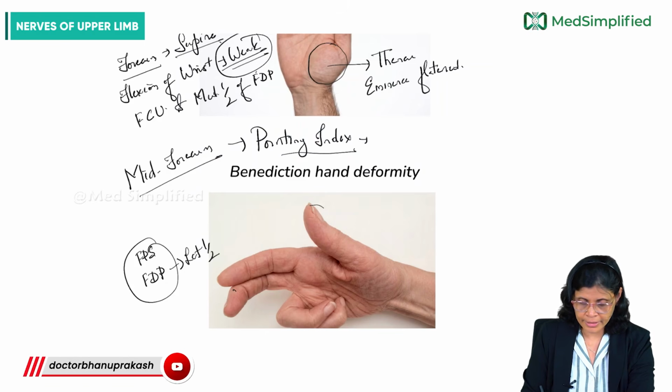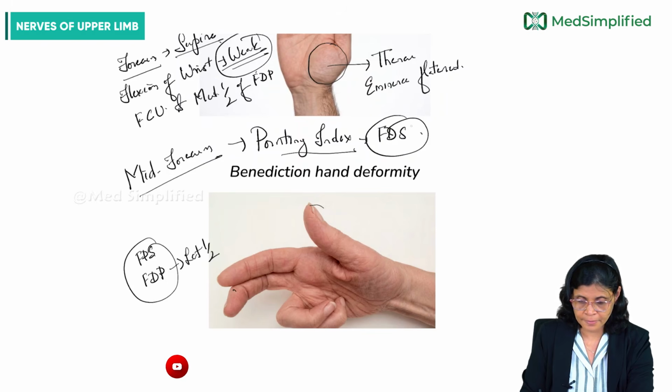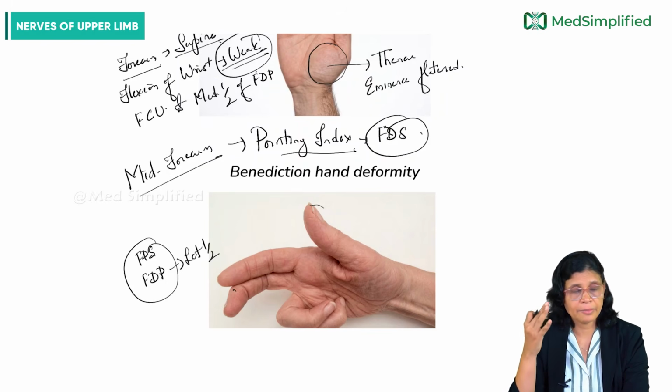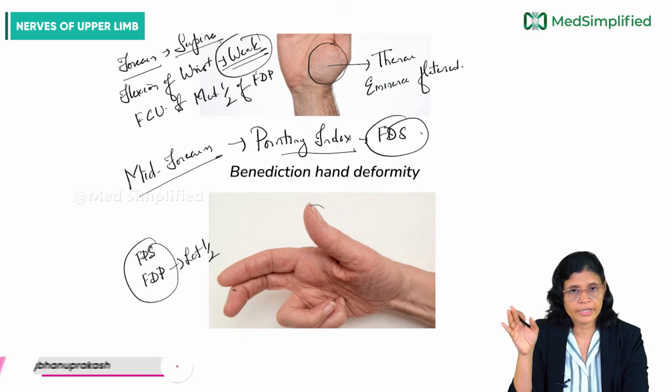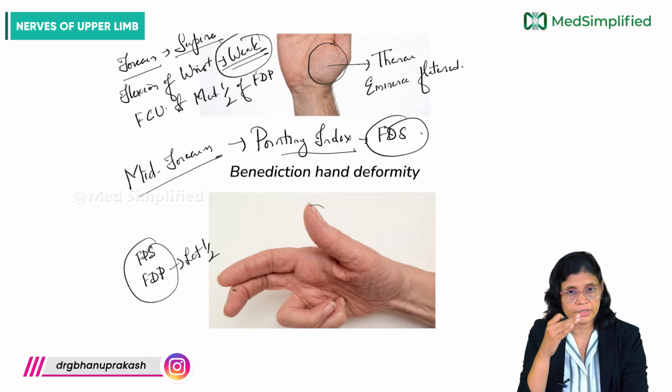And this is mainly due to paralysis of the radial head of flexor digitorum superficialis muscle. Okay, this is the main thing. Along with that, you will see all the rest of the things, whatever the supply is there distal to the forearm.